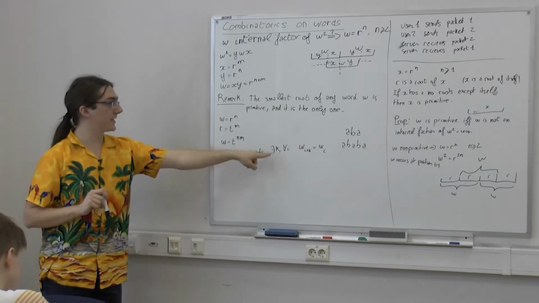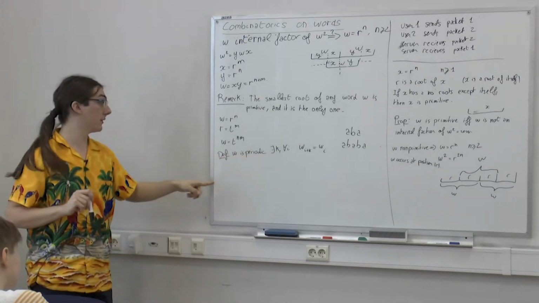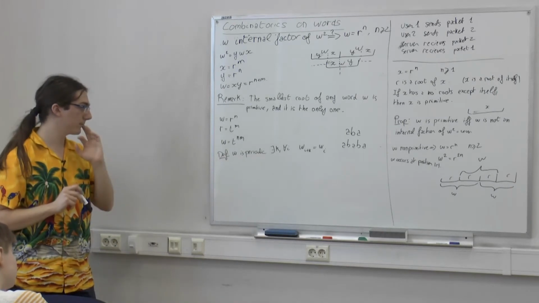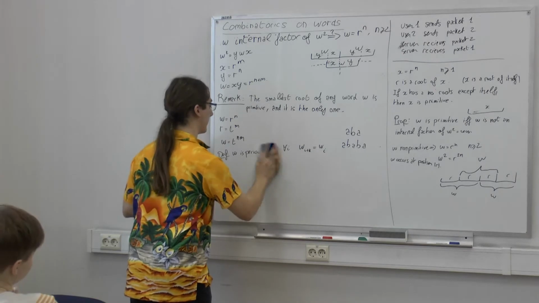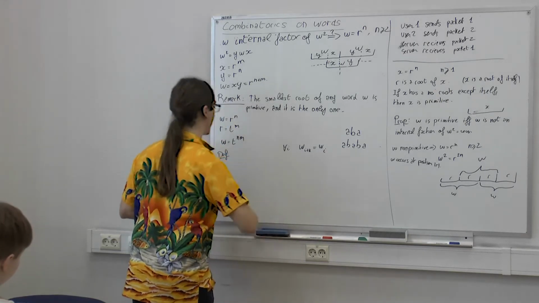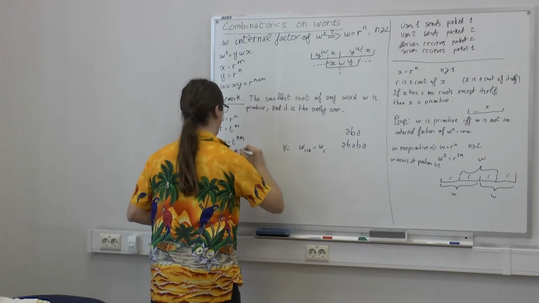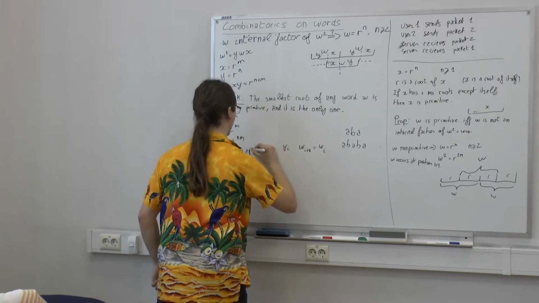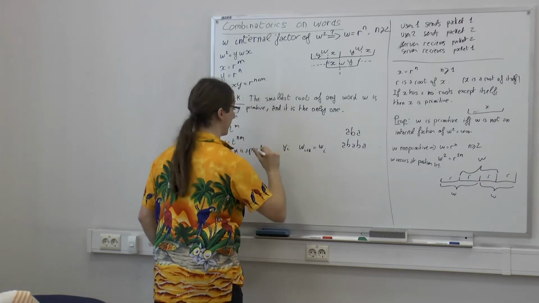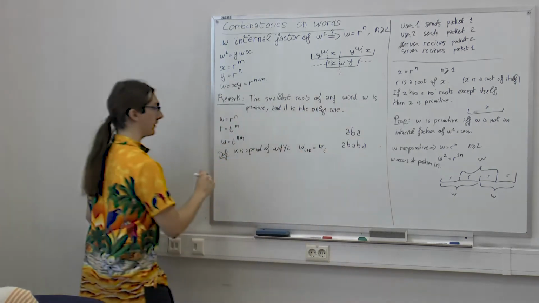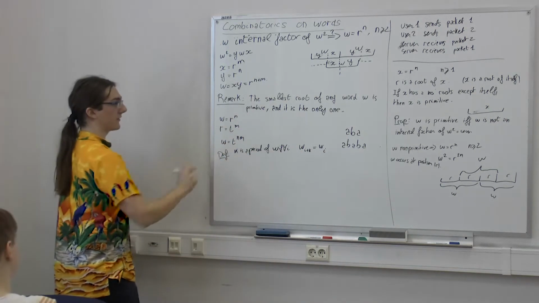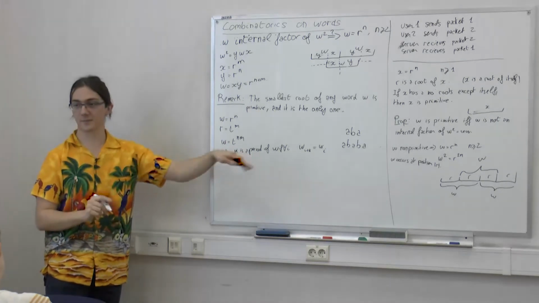Of course, K is called the period. Let me write this differently, because the definitions here are a bit subtle. I say K is a period of W if you have this.